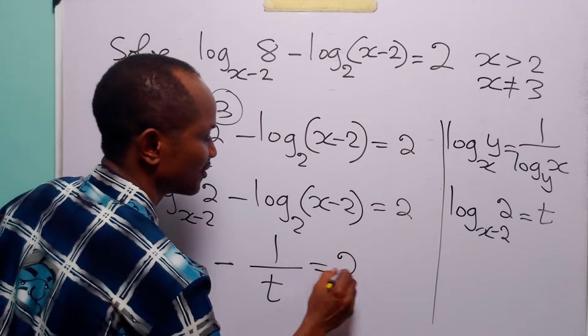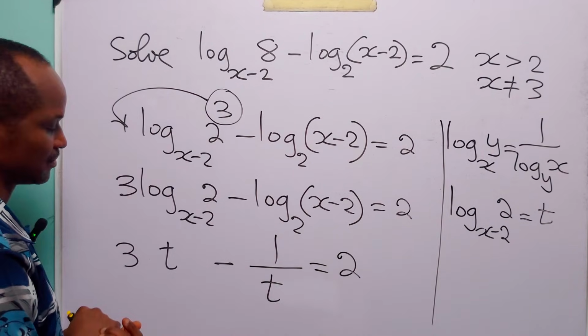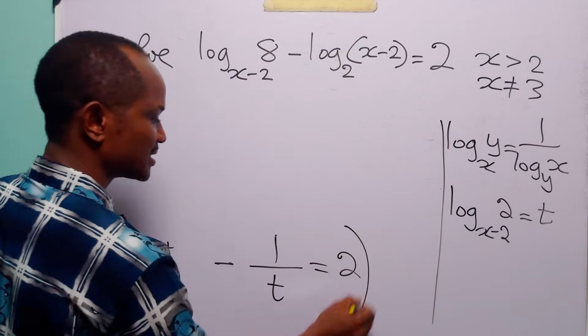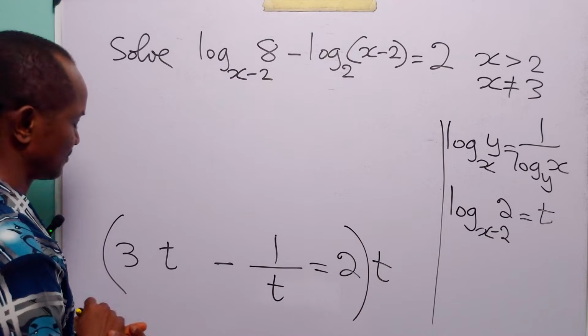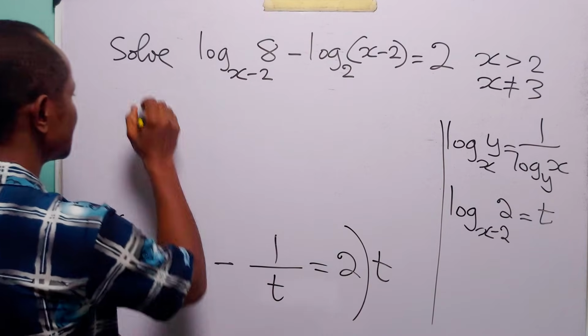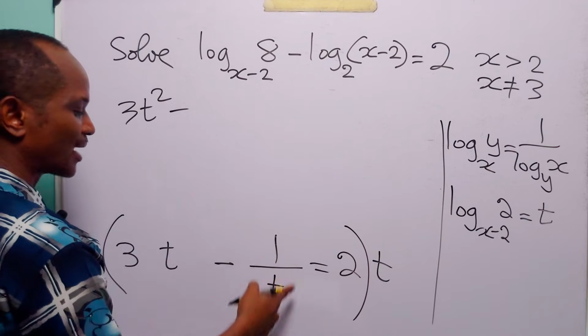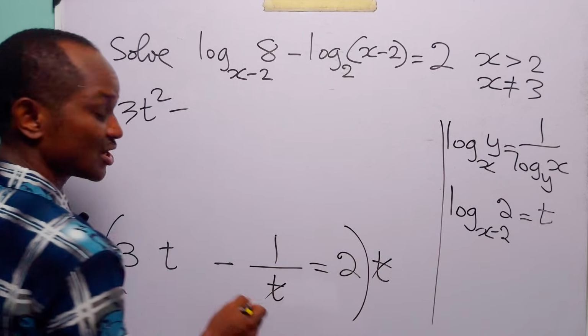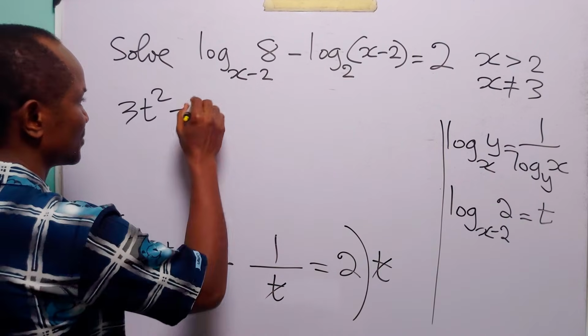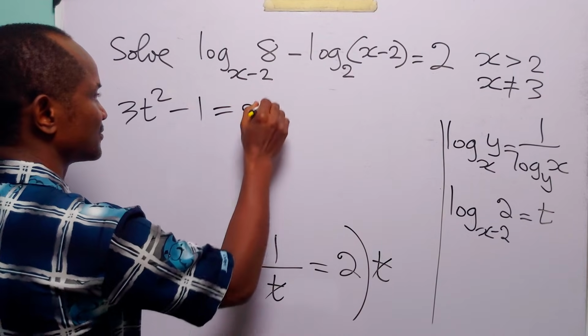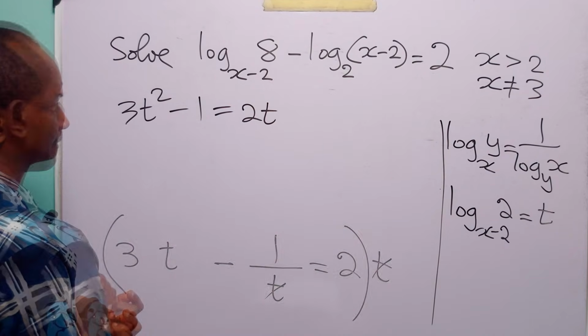And of course, this will be equal to 2. Now, to get rid of this fraction, let us multiply through this equation by t. 3t times t is 3t squared, minus 1 over t times t. Of course, this is going to take care of that, leaving us with 1. And this is equal to 2 times t, which is 2t.